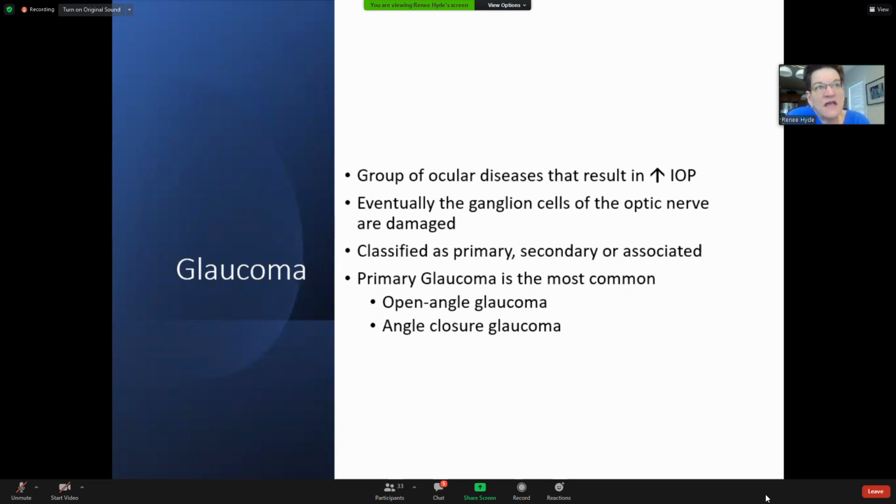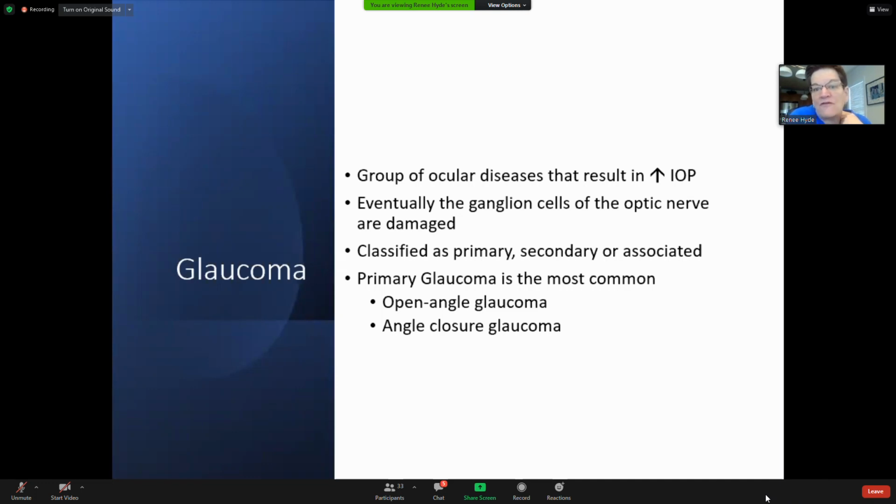Because say, for example, they go for surgery and they have a TURP, like a transurethral resection of the prostate. And they come back for surgery and someone does not rewrite for their glaucoma medication.